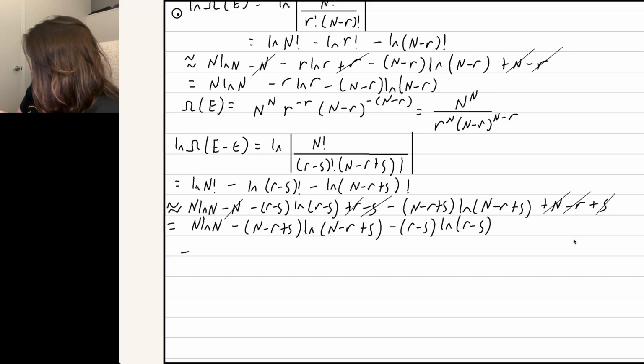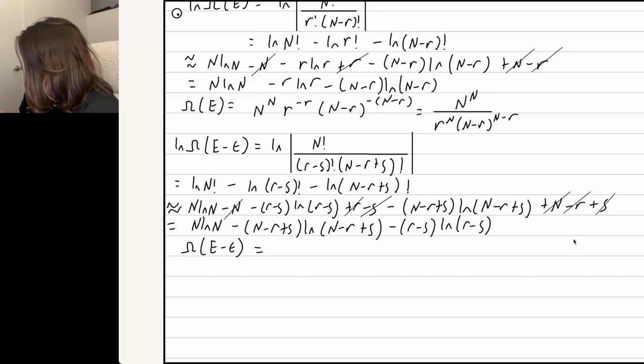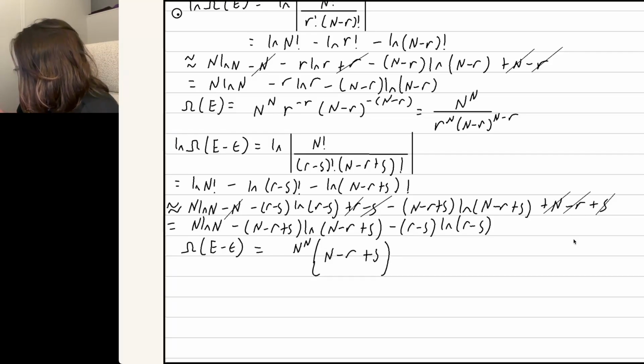Now, raising e to the power of this, again on both sides of the equation, we're going to have n to the n, and it's going to be n minus r plus s to the minus n minus r plus s times r minus s to the minus r minus s.